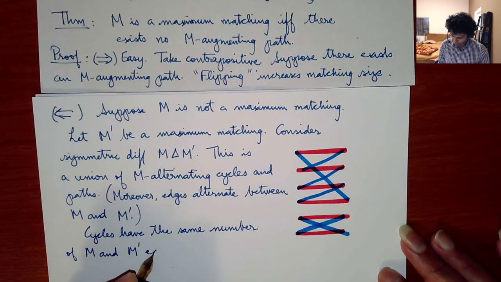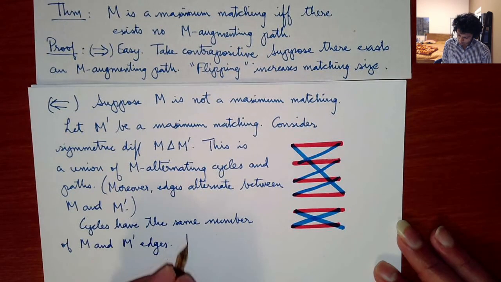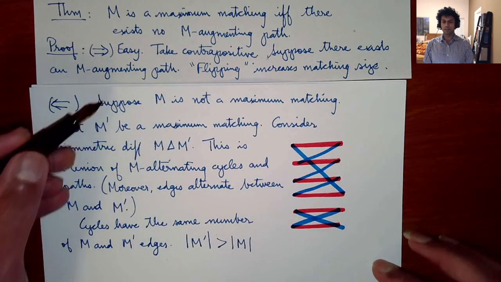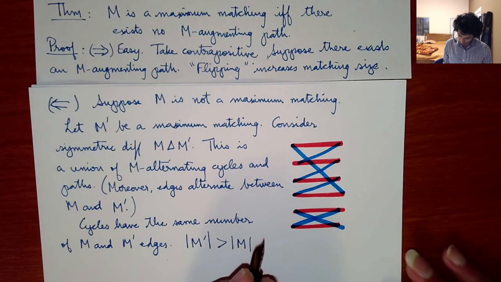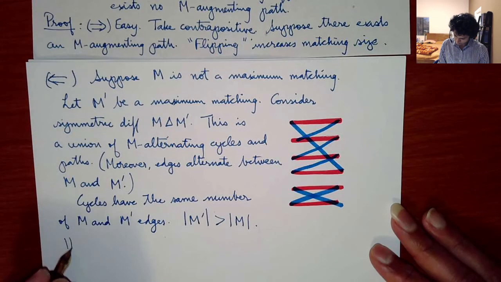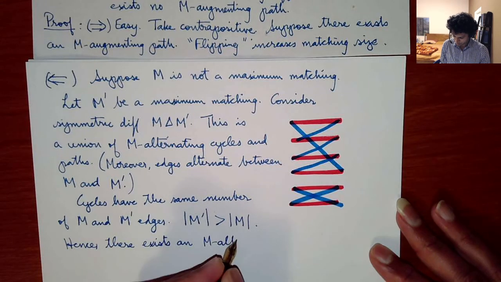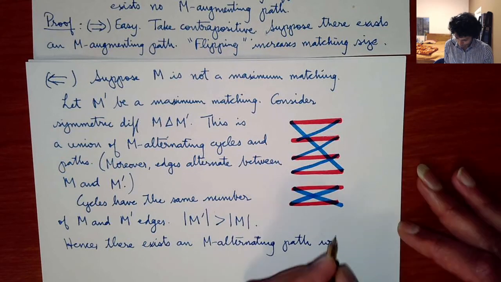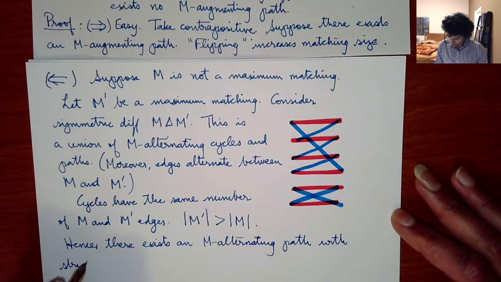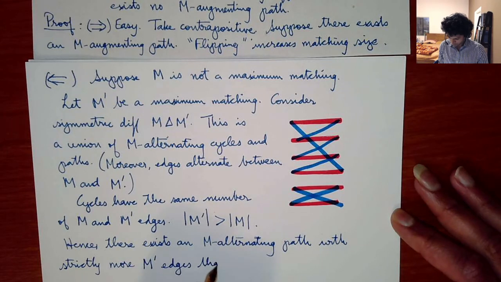Now by assumption, M prime is strictly greater than M, because M is not a maximum matching and M prime is a maximum matching. Hence, there exists an M alternating path with strictly more M prime edges than M edges.